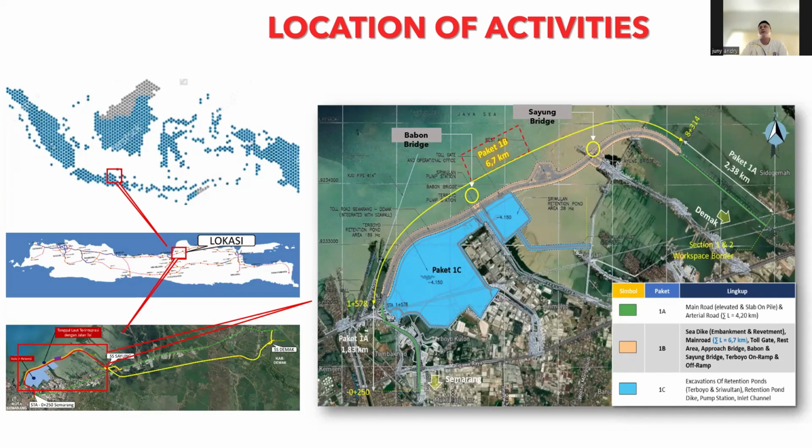One part is the sand backfill, sand or sea sand from the sea environment, to fill the bamboo, and the other layer we use is the selected embankment until the top of the embankment.